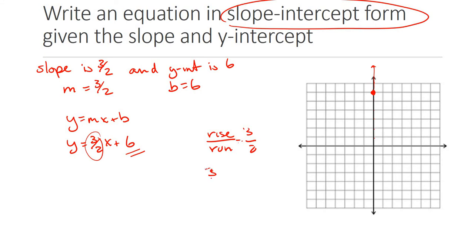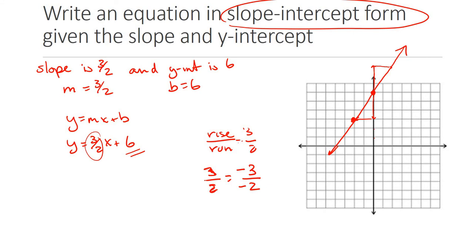If my slope is 3 over 2, that's the same as negative 3 over negative 2, because a positive divided by a positive and a negative divided by a negative are both positive. So I can go down 3 and to the left 2, and that's the same as going up 3 and to the right 2. You can see that both of those points are on the same line.